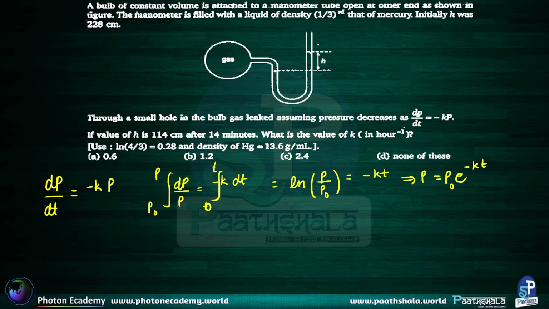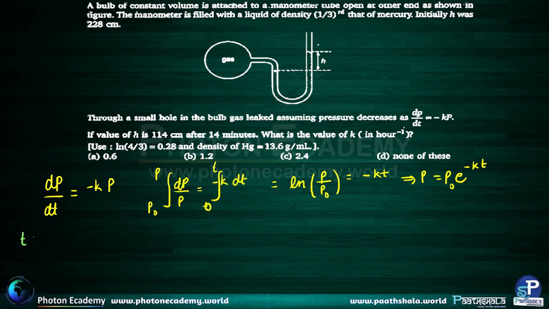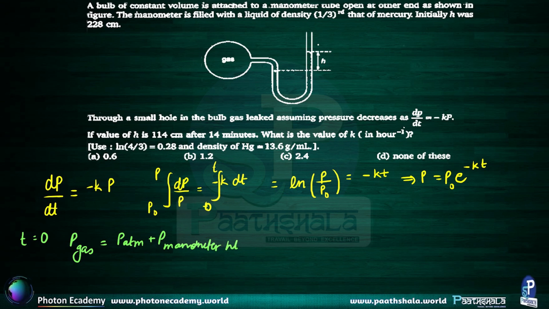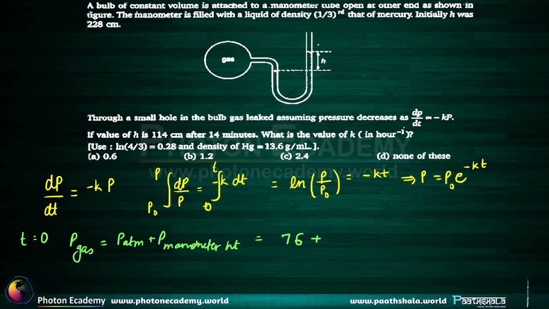Now we know that at T is equal to 0, the pressure of the gas was equal to the pressure of the atmosphere plus pressure due to the manometer height, right? So when we calculate the pressure in terms of centimeters of mercury, the pressure of the atmosphere will be 76 centimeters plus that of the height, which is 228.